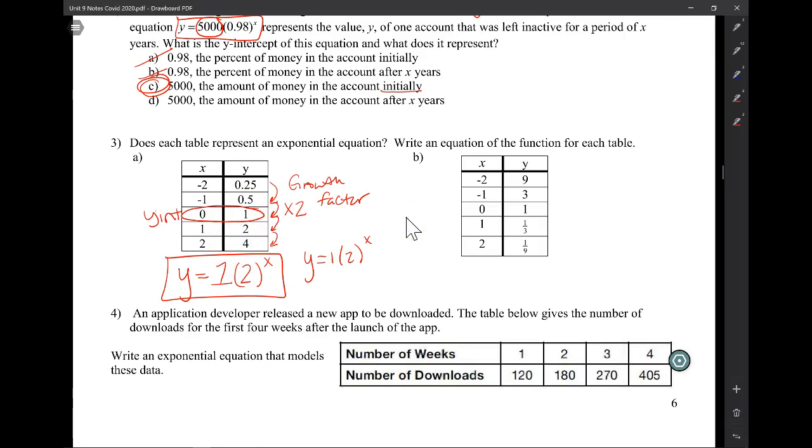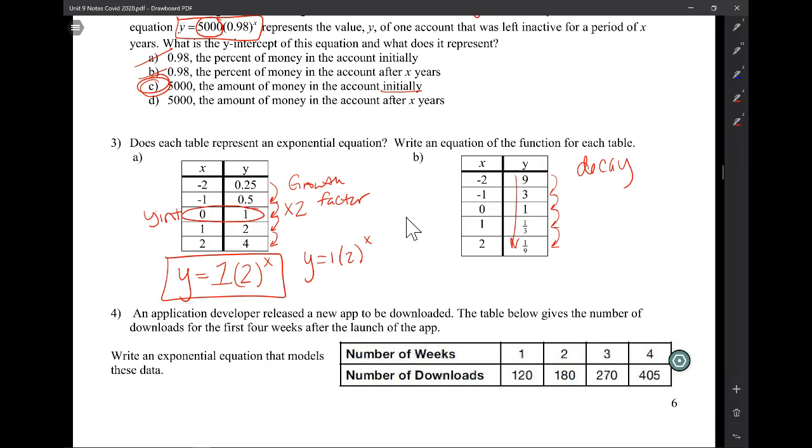All right. Looking at your y values, 9 to 3, 3 to 1, 1 to 1/3, 1/3 to 1/9. Now remember, these numbers are clearly reducing. So we're definitely talking about a decay. And to get from 9 to 3, and then 3 to 1, and then 1 to 1/3, I know what you're thinking.